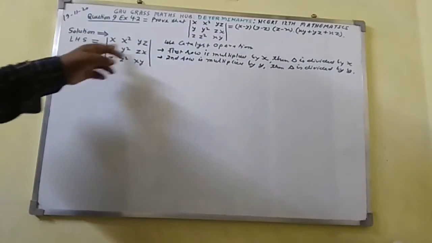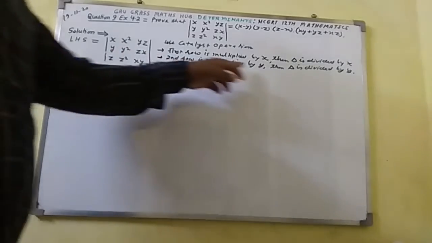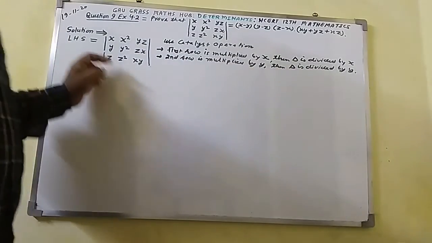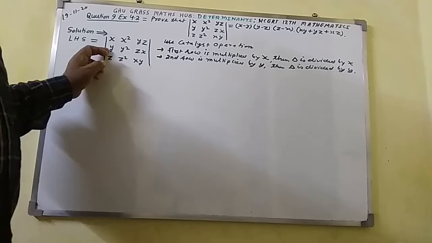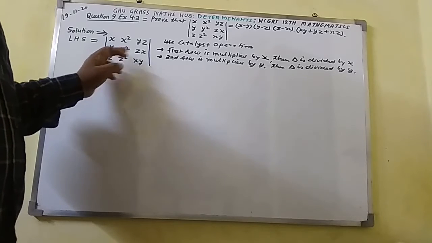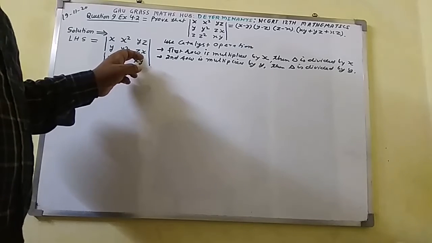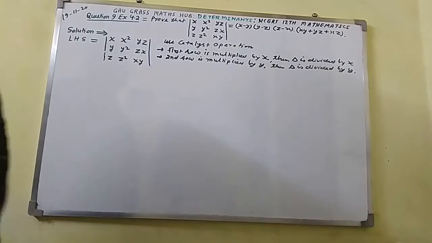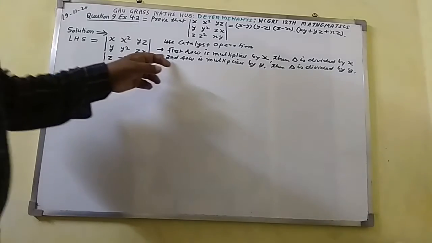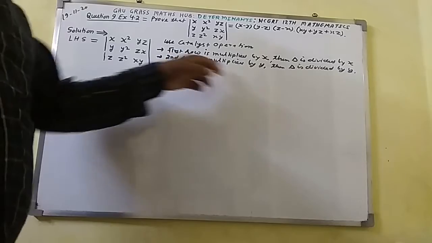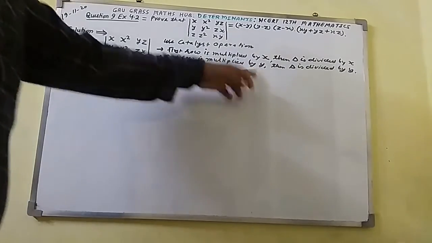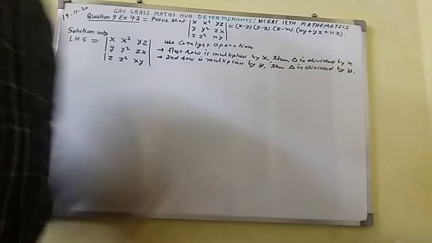If the second row is multiplied by y, so here you will get y square, here you will get y cube, and here you will get xyz. So if the second row is multiplied by y, then the determinant is divided by y.